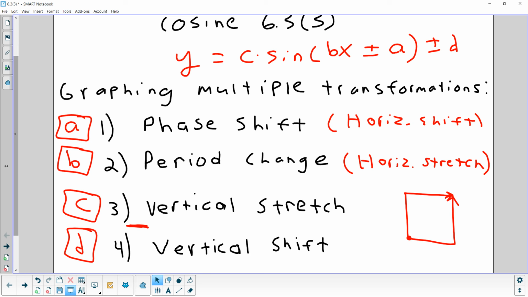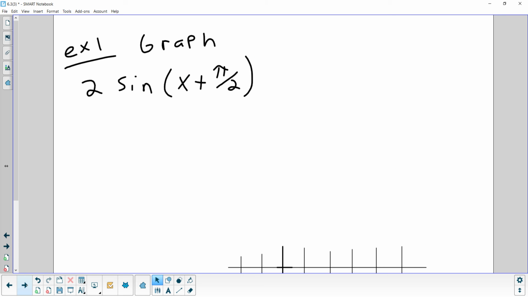Where the order becomes very important is if you do two transformations on the same axis, like a shift right and a stretch horizontally. Those are both affecting the x values, so now the order is very important. Any question on that? But if you're worried, just follow that order.